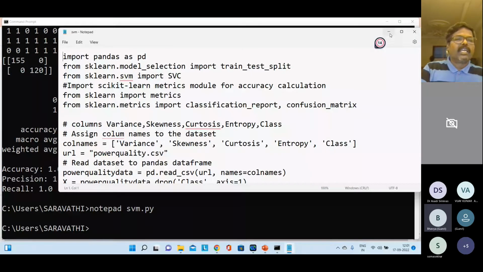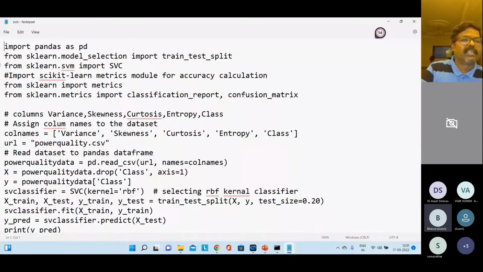See here, import pandas. I am using the libraries pandas and sklearn, importing directly. I am using train test split and accuracy from sklearn. So I'm taking columns as variance, skewness, kurtosis, entropy, class.